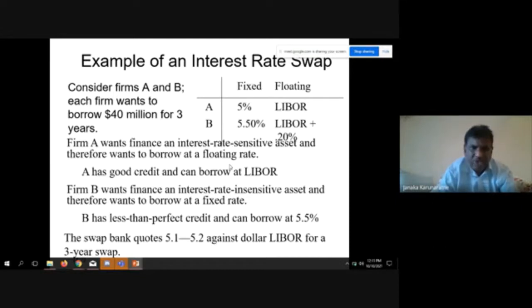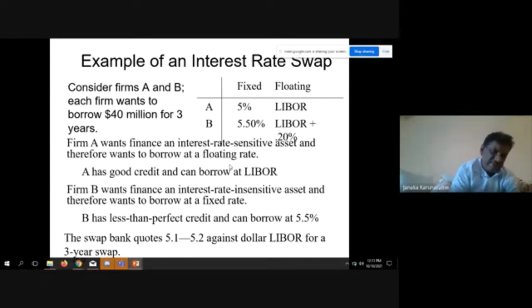The swap bank quotes 5.1 to 5.2 against dollar LIBOR for a 3-year swap. So there is a swap bank which can offer 5.1 and 5.2 against dollar LIBOR for a 3-year swap. So which firm has a comparative advantage in the fixed rate market?